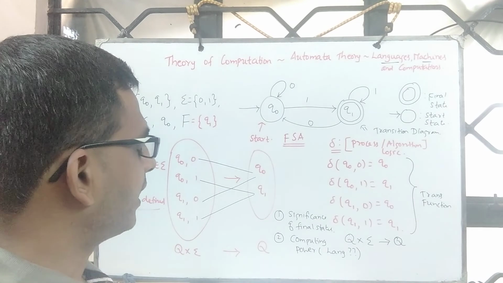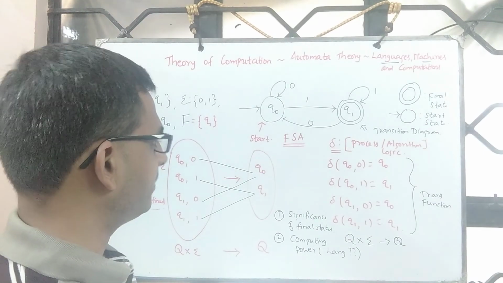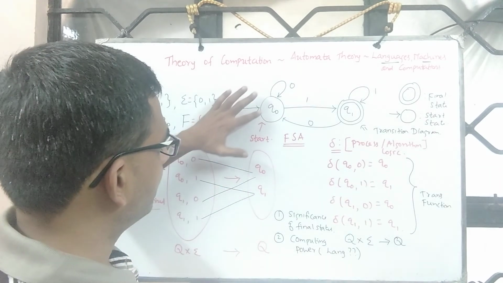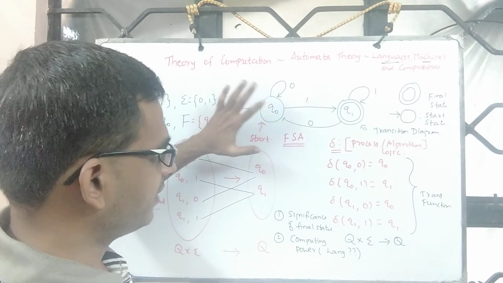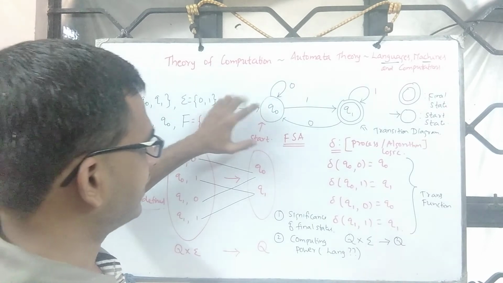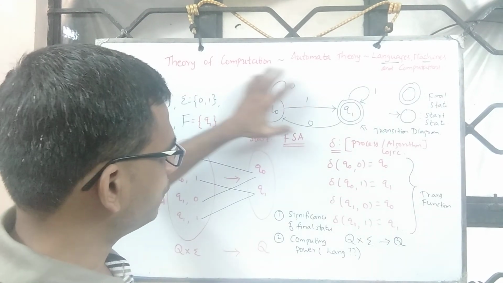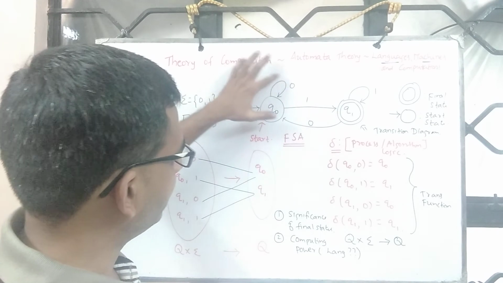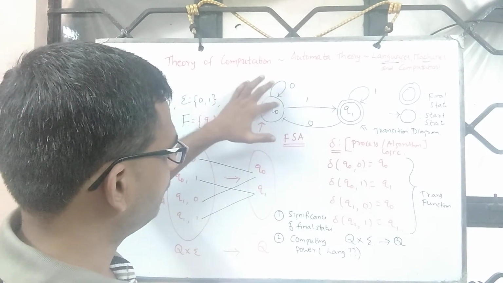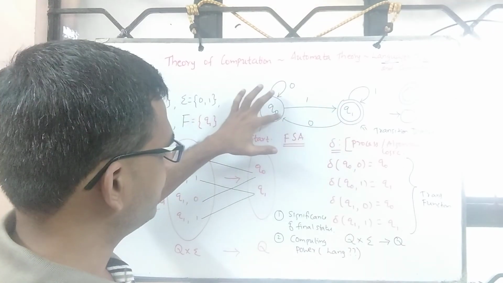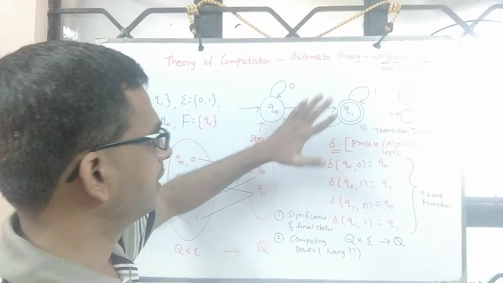So we say a string is accepted by this automaton when, starting from q0, and you should always start from q0, going through these moves, maybe it may be 0 followed by 1, or it may be followed by a couple of zeros, then again 1.